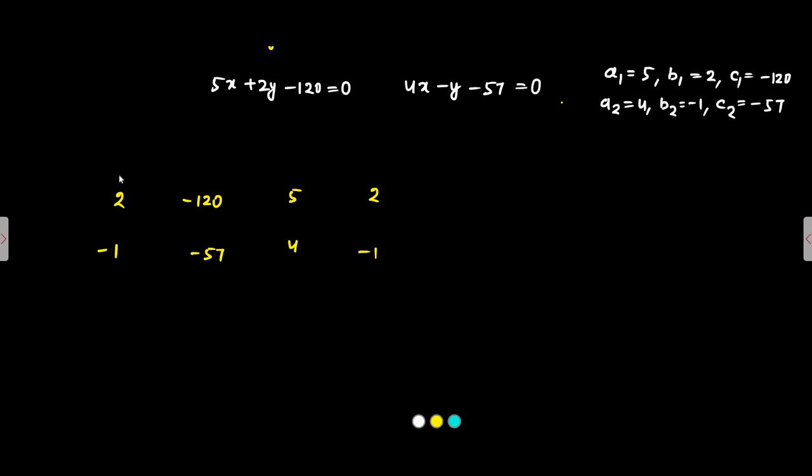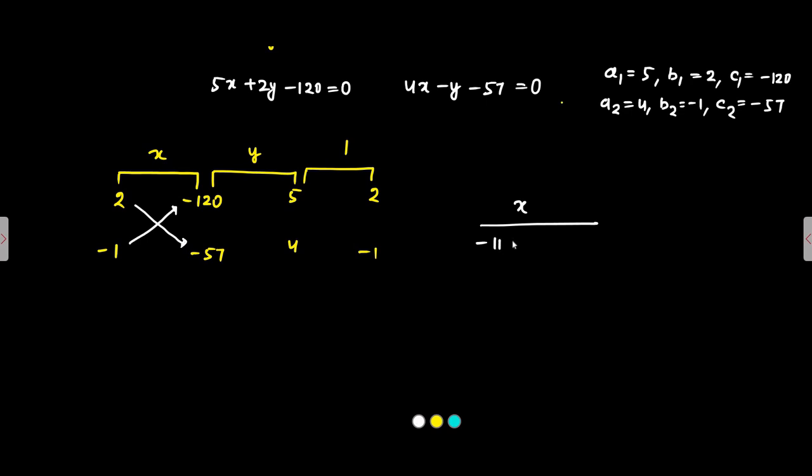So this is for x, this is for y, and this is for 1. So we have for x, this into this minus this into this. So it is 2 into minus 57, that is equal to minus 114, minus minus 1 into minus 120. So it is minus 114 minus 120.